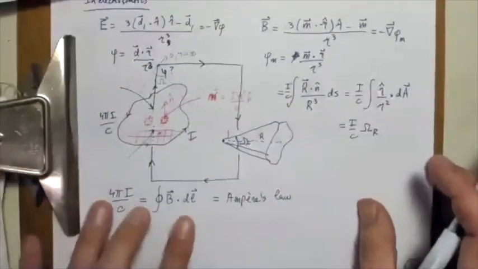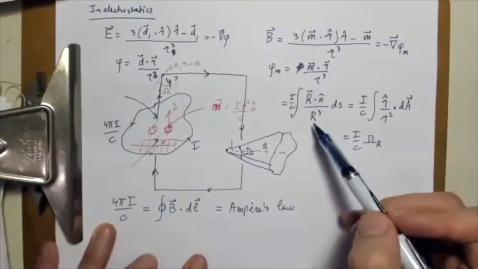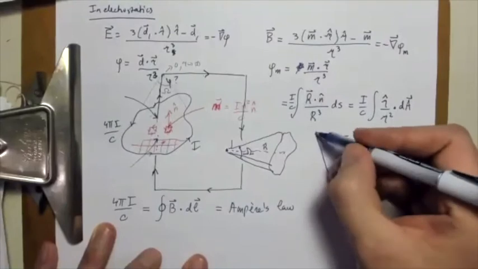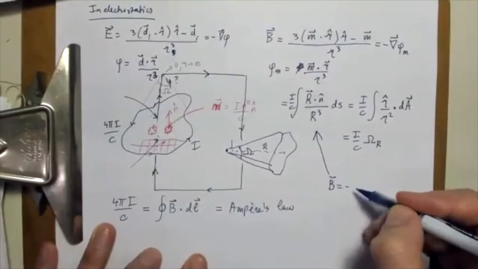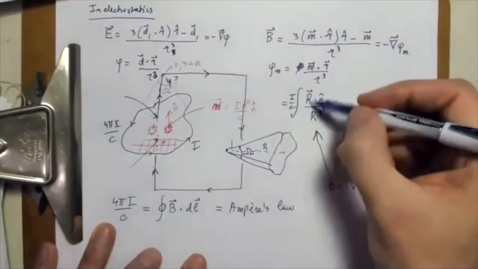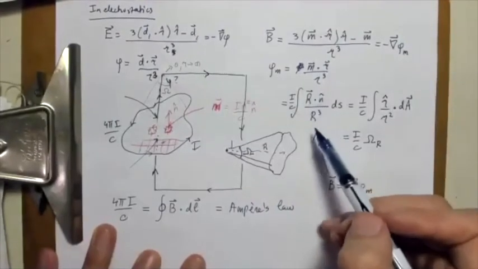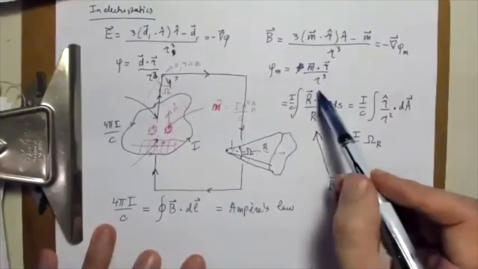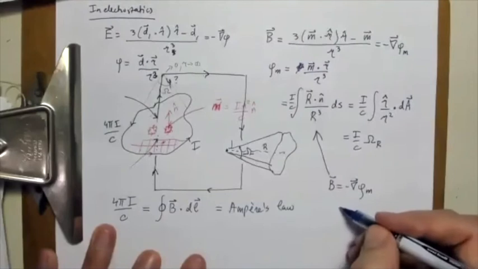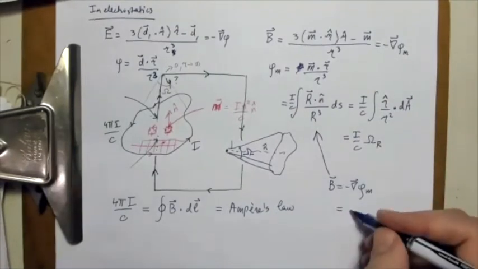There is actually another way in which you can look at this. If you actually want to get B, it would be minus the gradient of that phi, the magnetic scalar potential. Through some calculus kung fu, you can rework this integral into a line integral, and it's a famous line integral: the law of Biot-Savart.